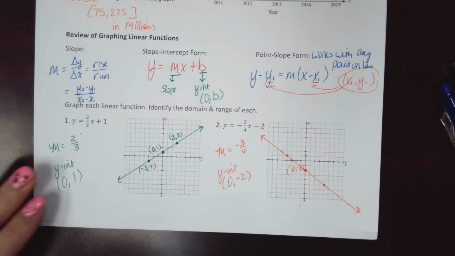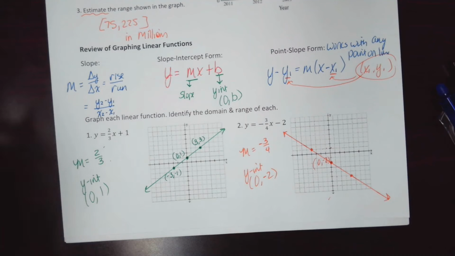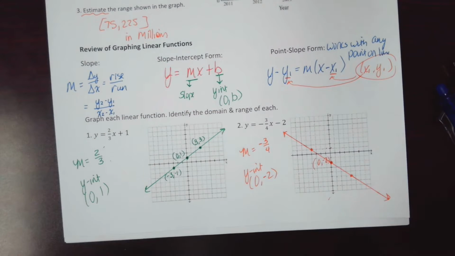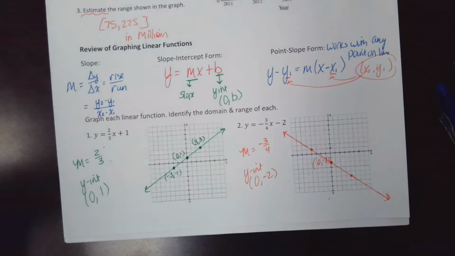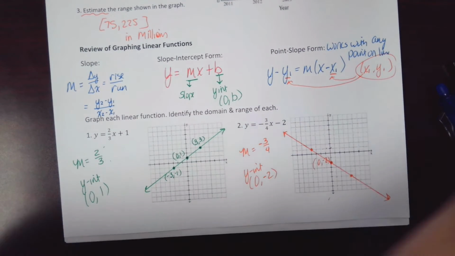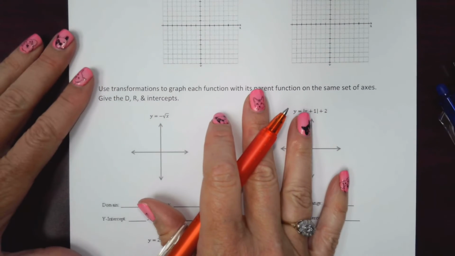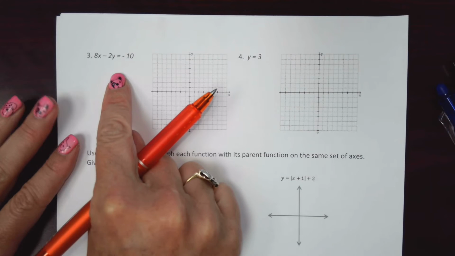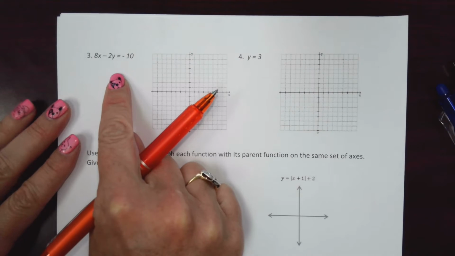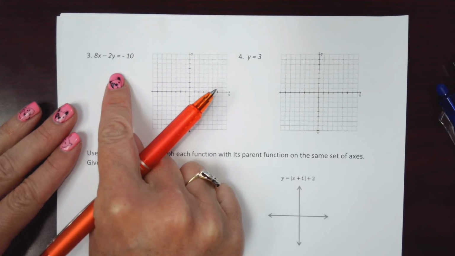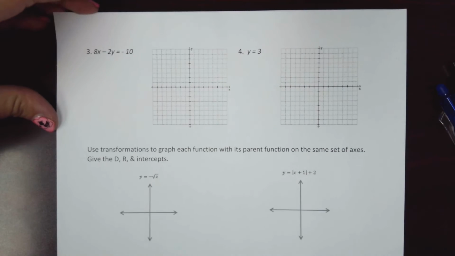All right. We graphed those two from our slope-intercept form of the equation. When we look at the next page, we don't have the slope-intercept form of this next line. So we've got some choices we can make. First choice would be to solve my equation for y and put it in slope-intercept form. Second choice would be to find x and y intercepts.